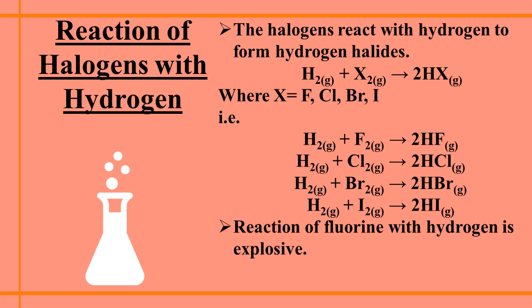X shows fluorine, chlorine, bromine and iodine. It means if hydrogen reacts with fluorine, it forms hydrogen fluoride. If it reacts with chlorine, it forms hydrogen chloride. If it reacts with bromine, it forms hydrogen bromide. And if hydrogen reacts with iodine, it forms hydrogen iodide.